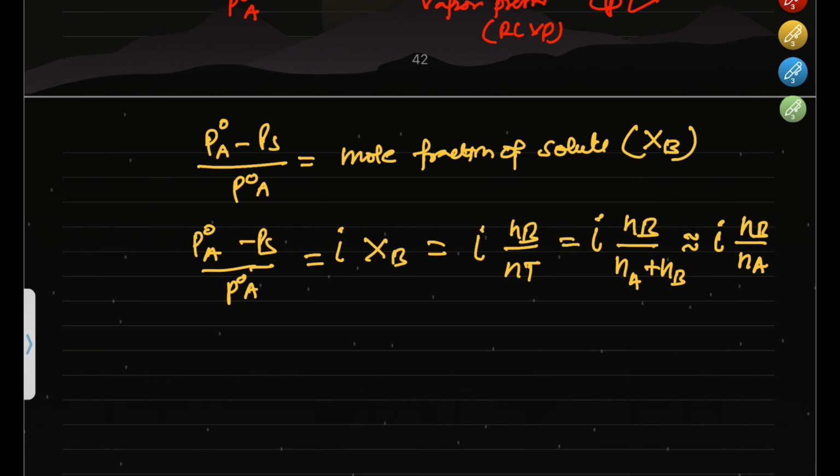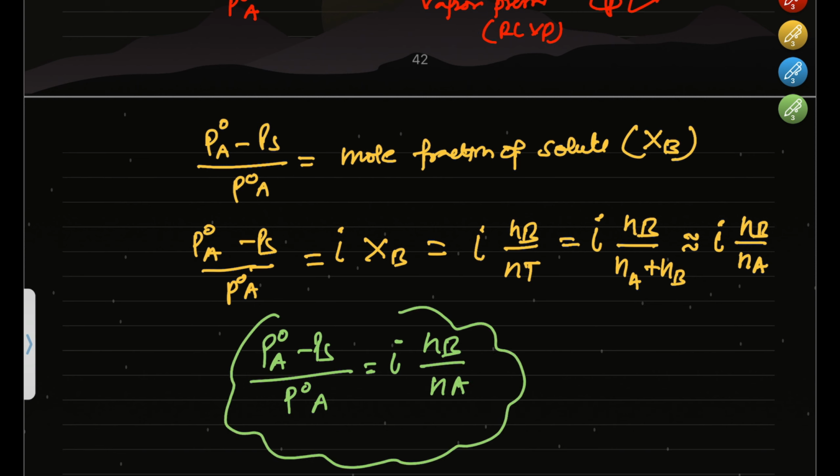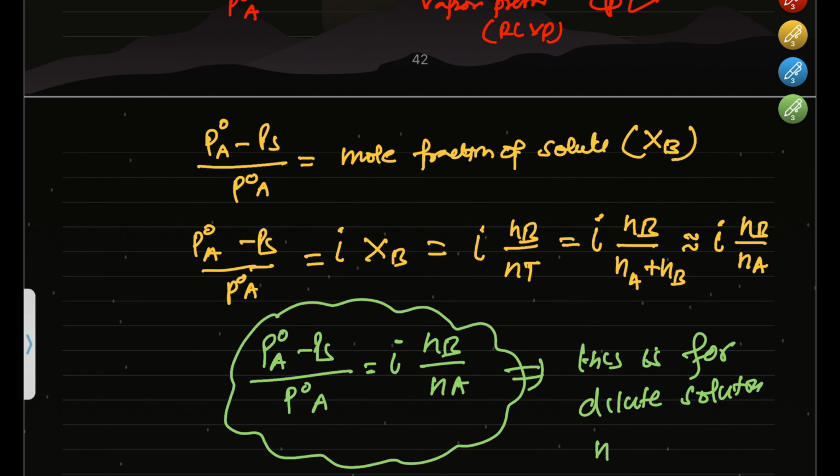The relative lowering of vapor pressure is equal to the van't Hoff factor times moles of solute upon moles of solvent, for a dilute solution where the moles of A are much greater than the moles of B. So here we neglected the moles of solute, because the moles of solute are very small.